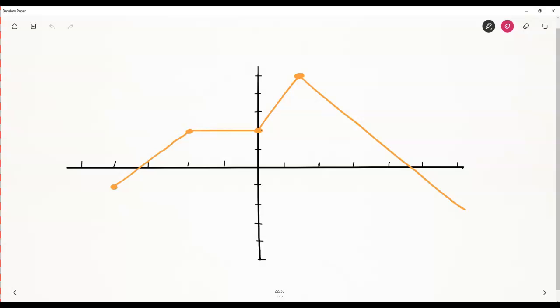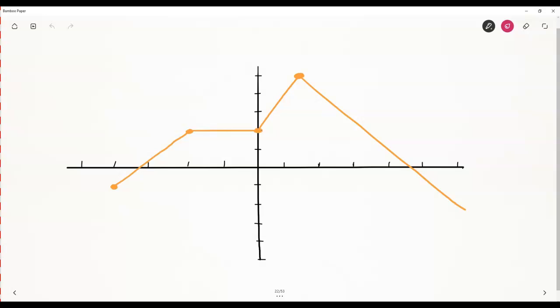So if the graph of your function runs right up to the edge of your picture, and there's no point there indicating that that line has stopped, you have to imagine that this line continues infinitely in whatever direction it was leading when it went off the edge of the paper.